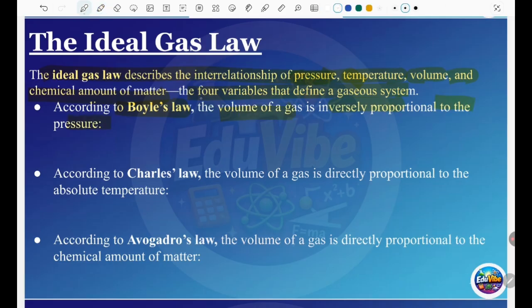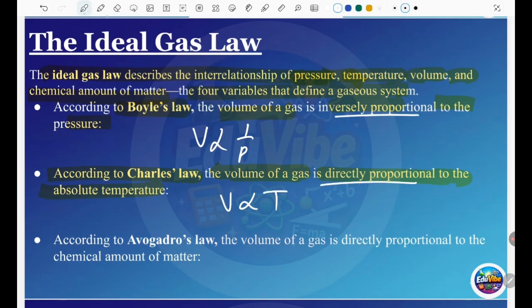Next, in Charles' law, the volume of a gas is directly proportional to the absolute temperature, so if one increases, the other also increases. Volume is directly proportional to temperature, while for pressure it is inversely proportional.